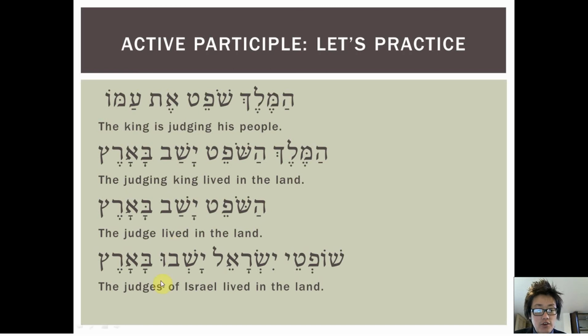And this is, of course, third common plural to match the subject of that verb, which is shoftei Yisrael. So this is masculine plural construct. It is definite because Yisrael, as a proper noun, a land name, or the name of the people, is inherently definite. So that's why it is the judges of Israel lived in the land.